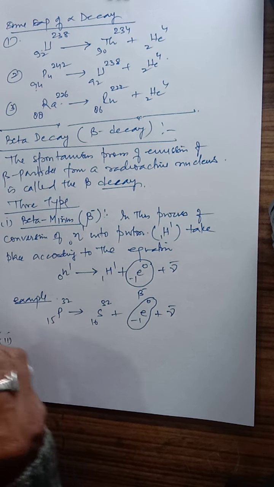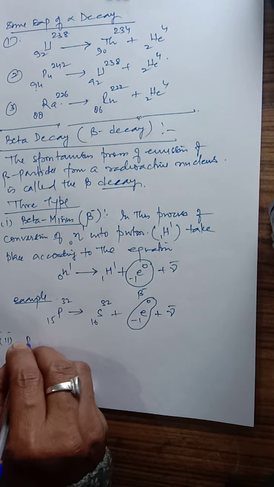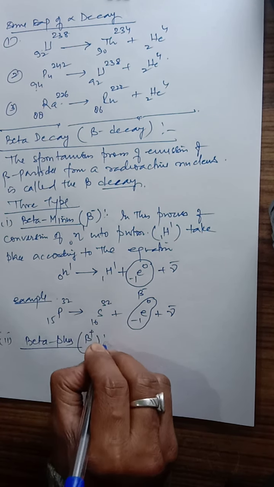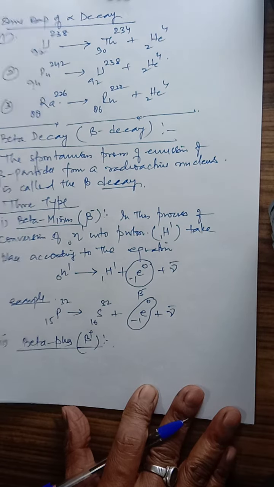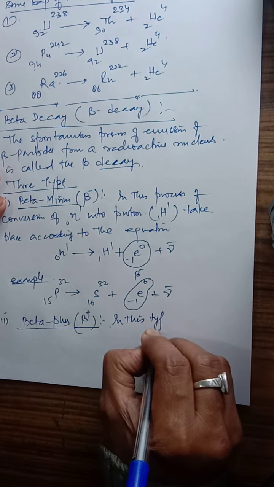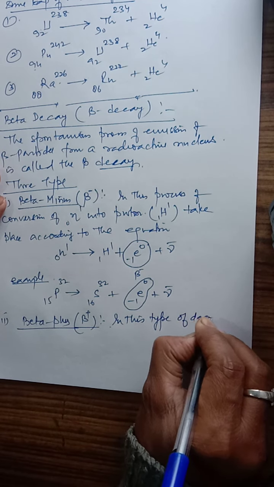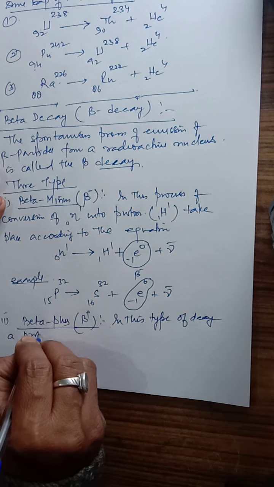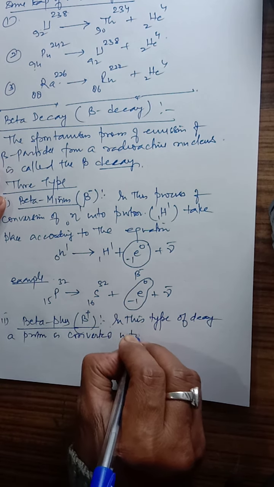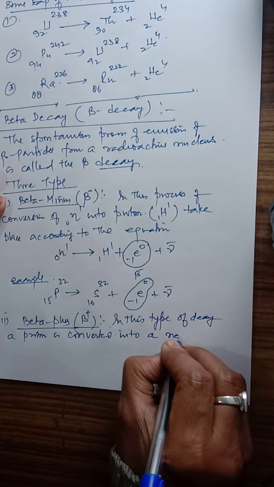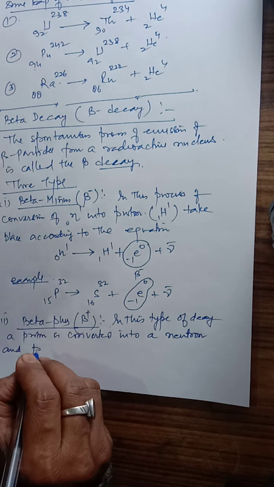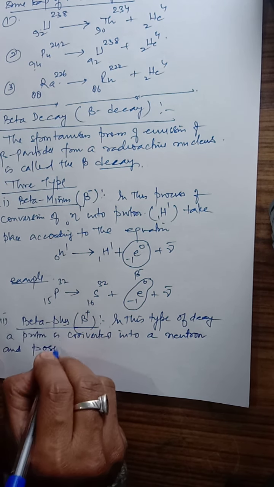Now the beta plus. In this type of decay, a proton is converted into a neutron and a positron.